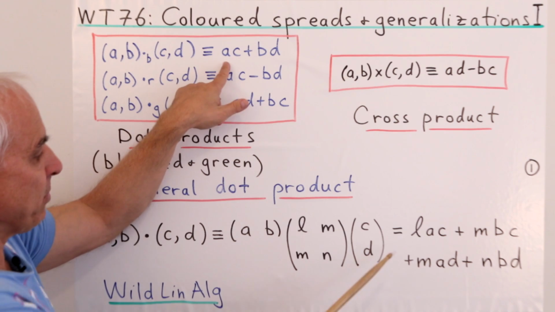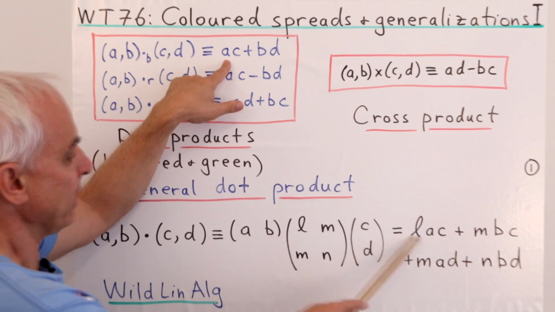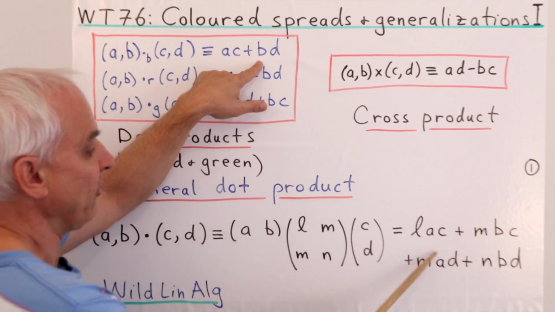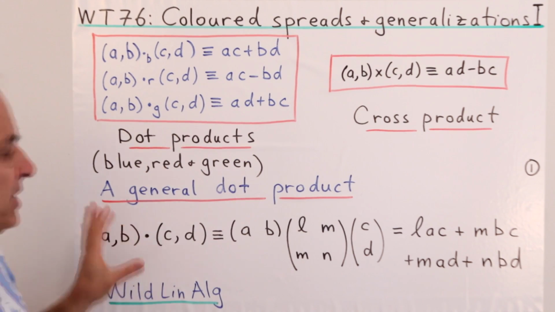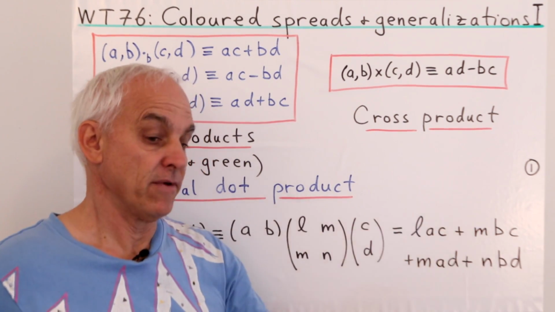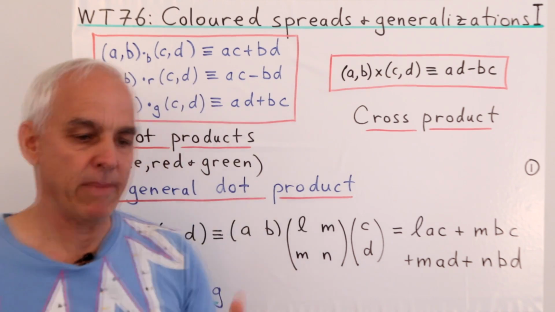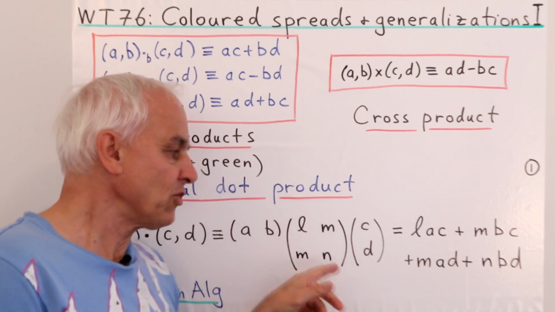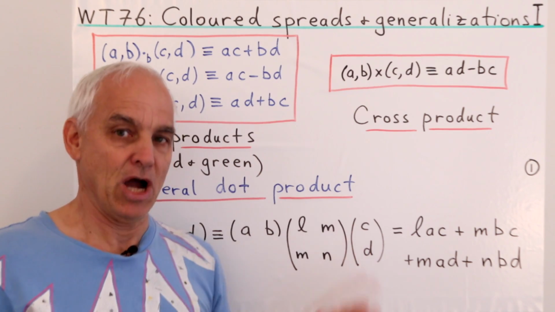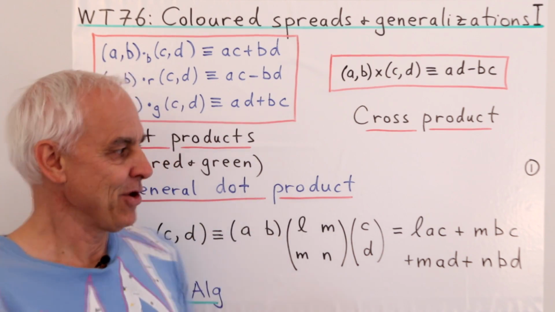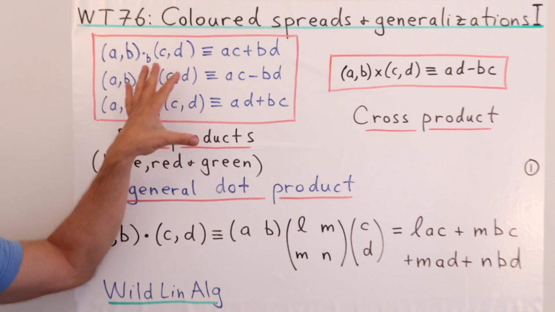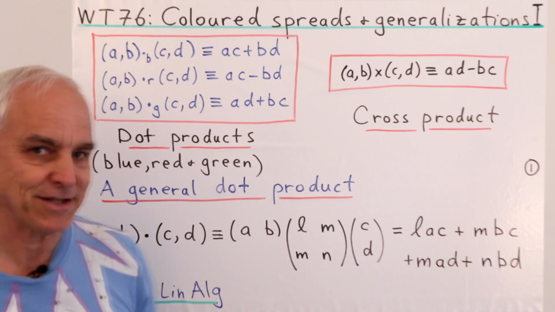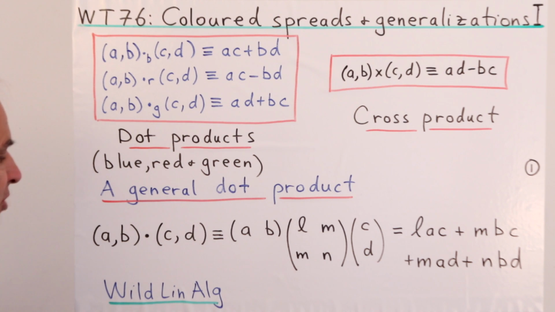In this case here, that would be when L is 1 and N is 1 and M is equal to 0. And similarly for the other kinds. All right, so this is the most general kind of symmetric bilinear form in two dimensions, and we are going to move towards trying to understand what geometry might be like with such a general situation. But for today, we're going to concentrate on these three very interesting dot products.